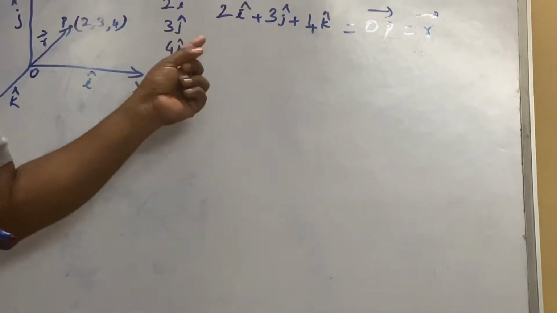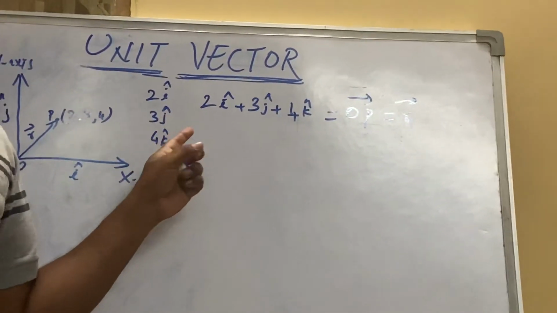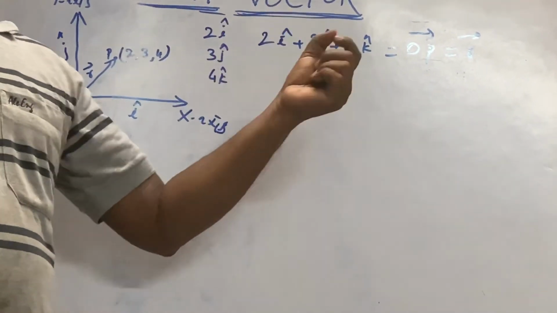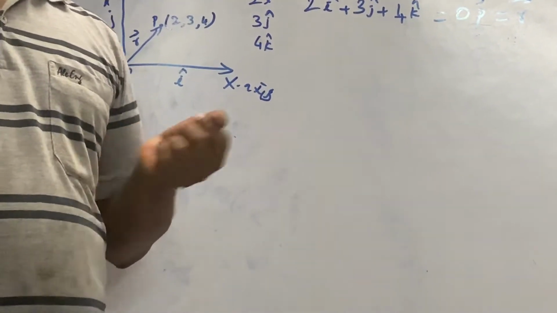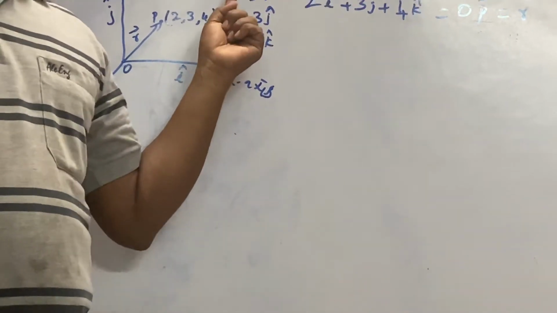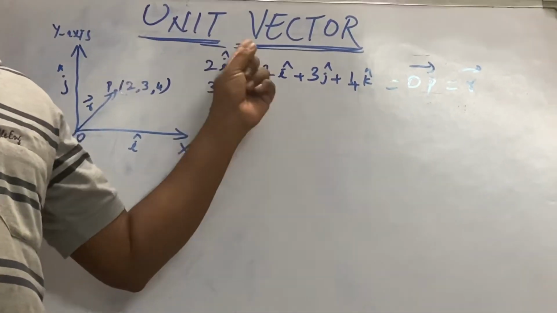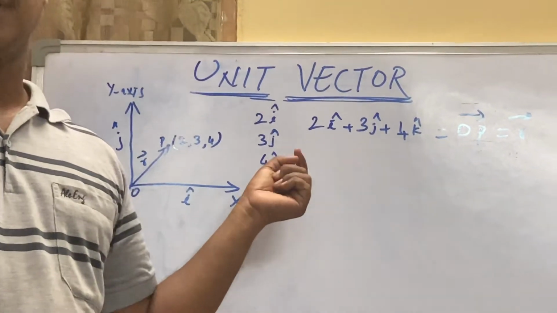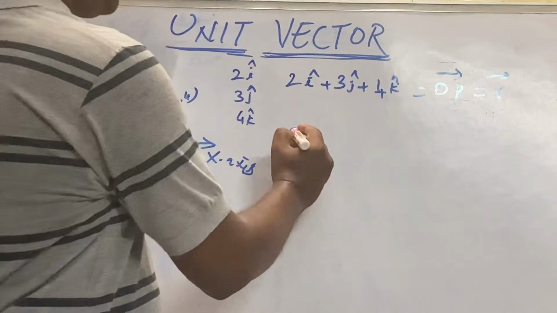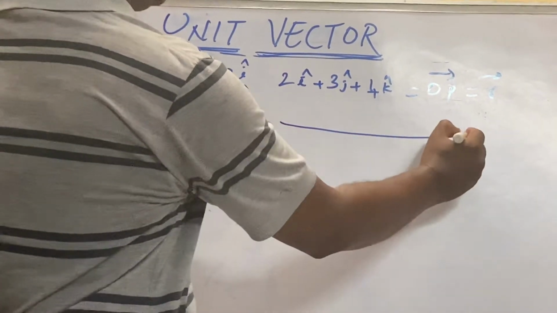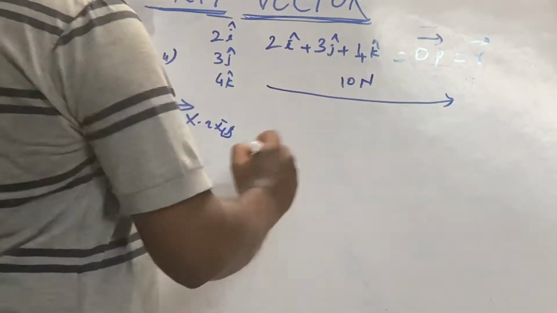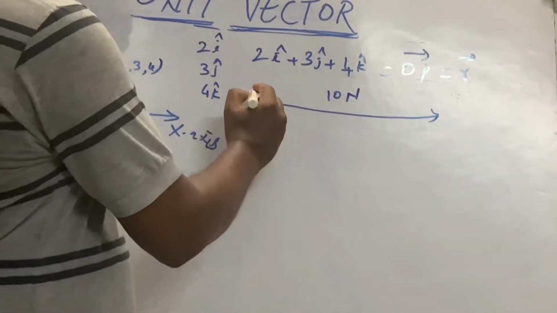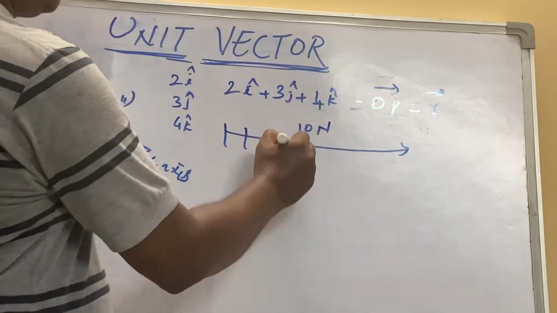Now, what is meant by unit vector? Unit itself represents a single, simply one. The one is the magnitude of that vector. What is the specialty of a unit vector? Let us take the example of a 10 Newton force vector having magnitude 10. Let us divide it into 10 equal parts.